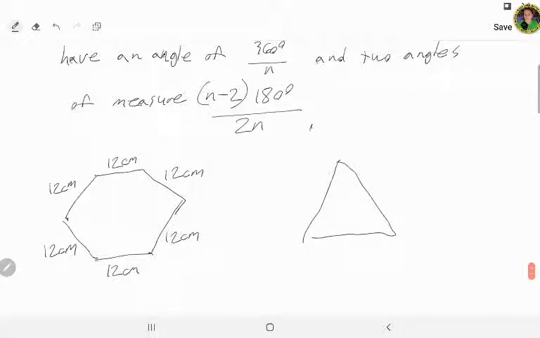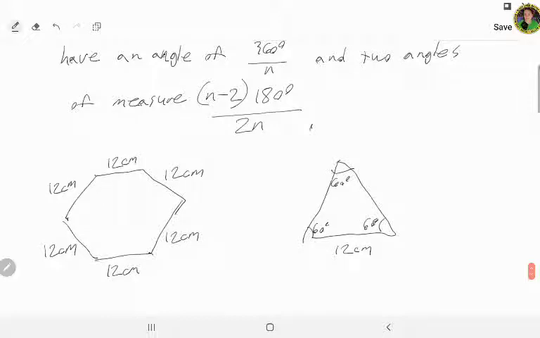We'd already seen that the central angle has to be 60, and those other two angles are also 60. Because we had seen these interior angles were all 120s, and so the triangle ends up having half that, which gets us 60.